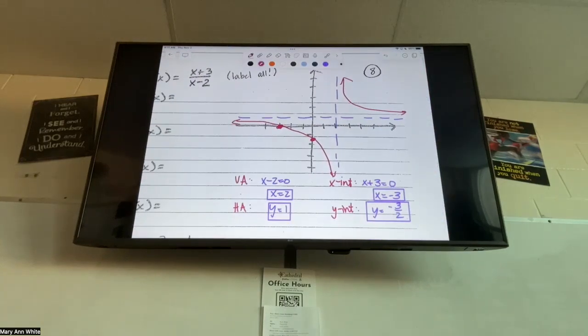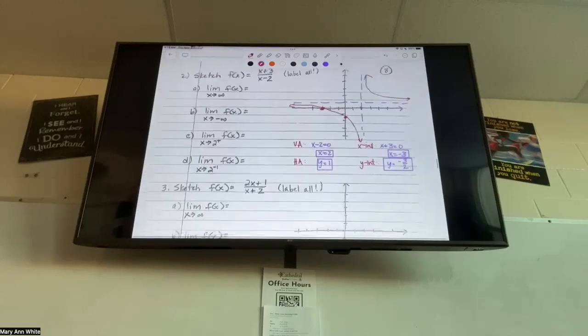Again, you don't know what to do with these, so just make sure your graphs are good for both of them, and then we'll talk more. Anybody have questions on this first one? I'm going to go do the second one now.